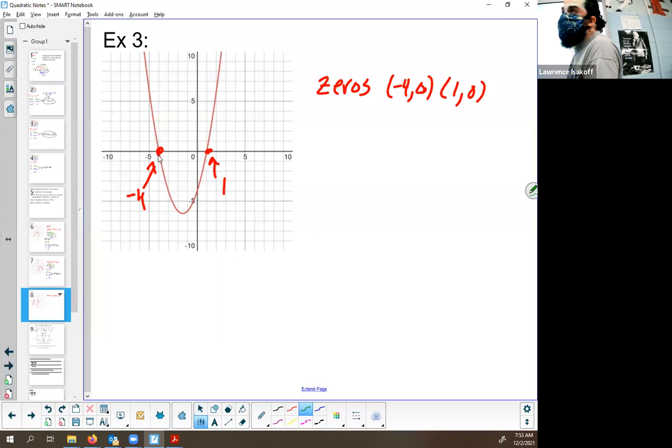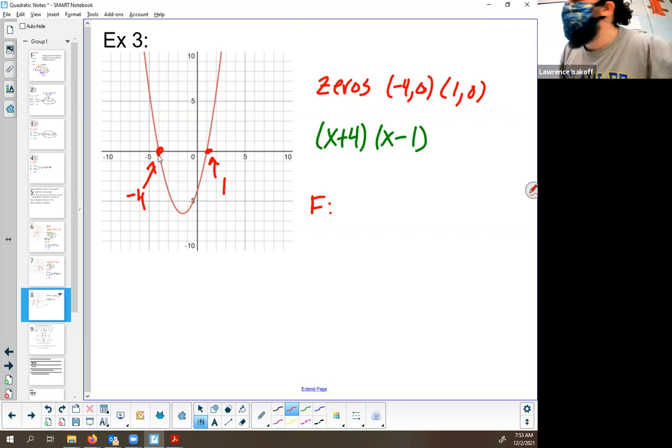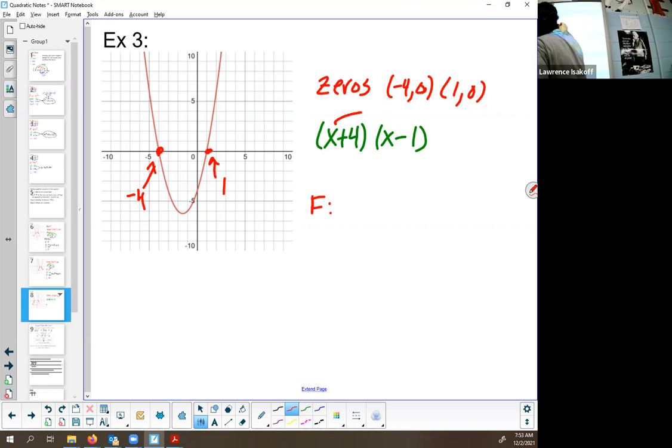Two opposites. So since this is a -4, x plus 4. Since this is a +1, x minus 1. Now again, we're going to follow FOIL. F stands for first. So x times x is x squared. My outer is x times -1.